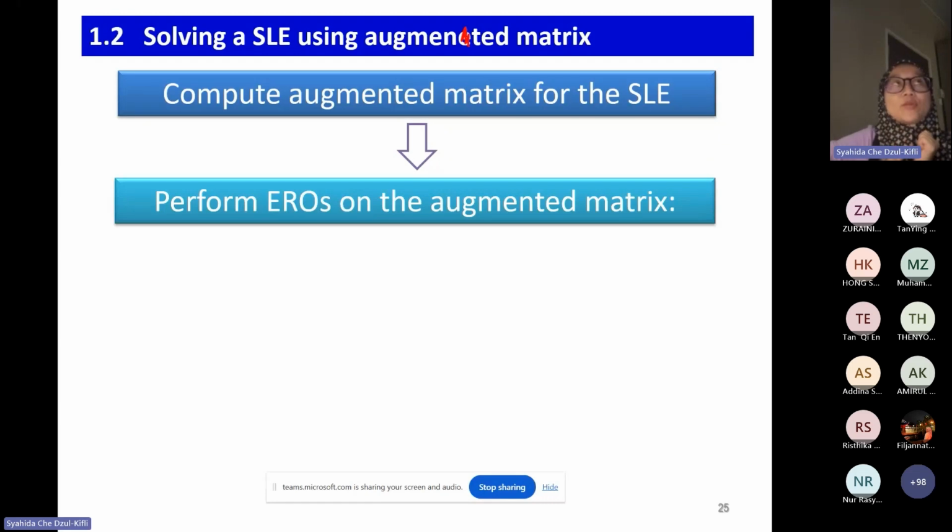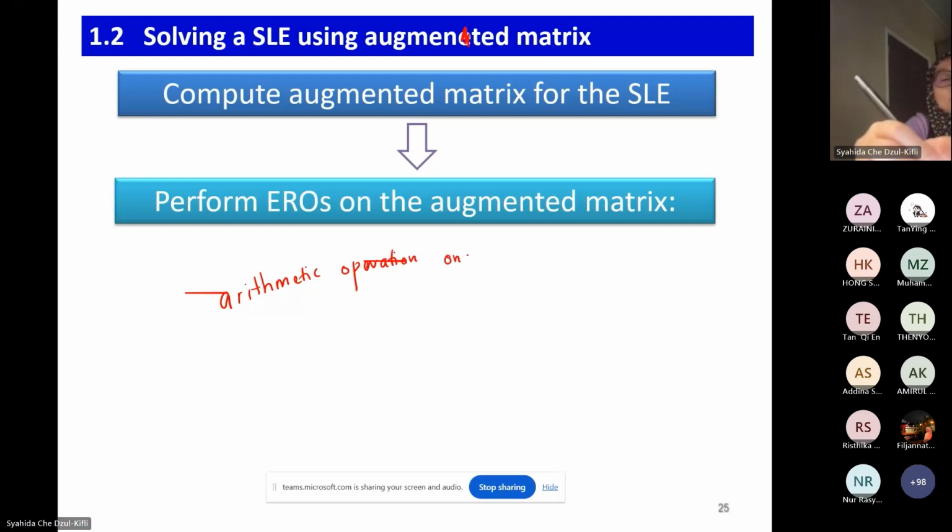You may recall the arithmetic operations on matrices. If A and B are matrices, we can have A plus B, addition, which is one of the arithmetic operations on a matrix.